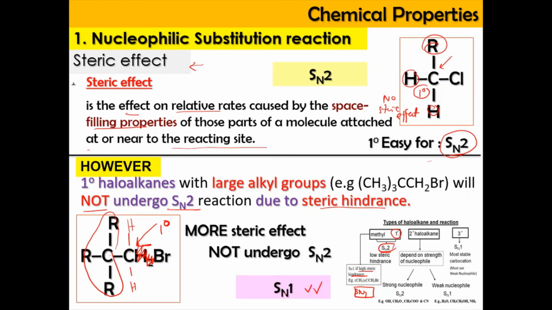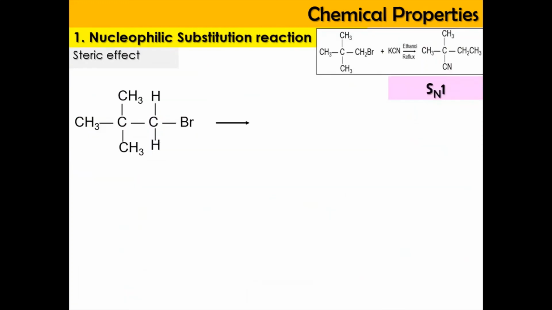Okay, so let us look into the mechanism and the example. Let's say we have a structure of CH3, CH3, CH3, and this carbon here, as mentioned, is a primary haloalkane, if you expand it this way. If you follow the chart, usually the primary haloalkane will undergo SN2.